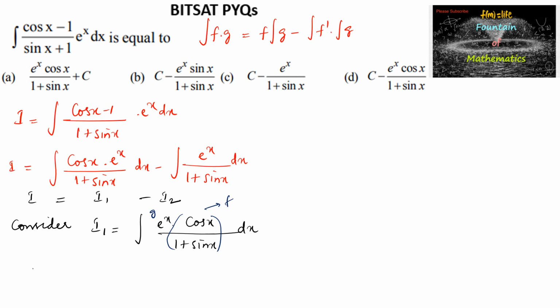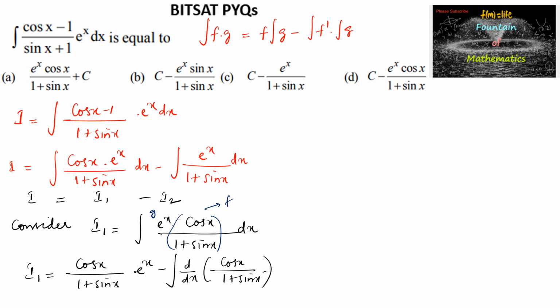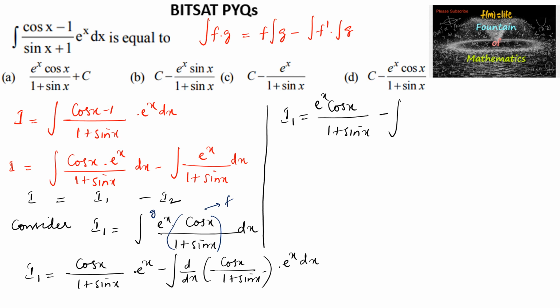So I1 is equal to f into integration of e power x, that is cos x upon 1 plus sin x into e power x, minus integral of the differentiation of cos x upon 1 plus sin x into integral of e power x, dx.